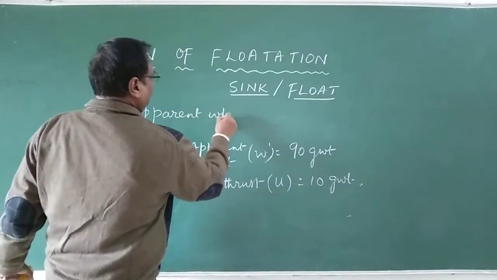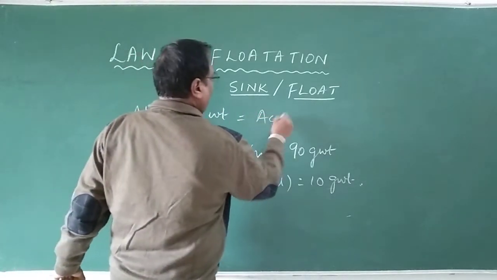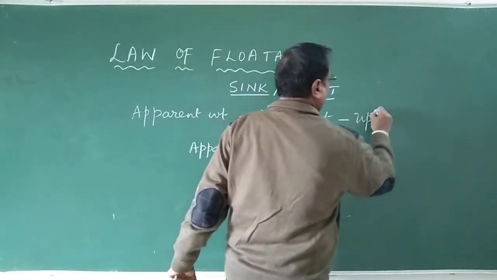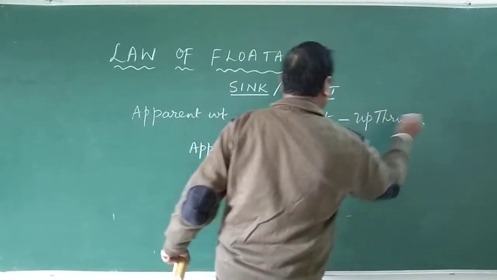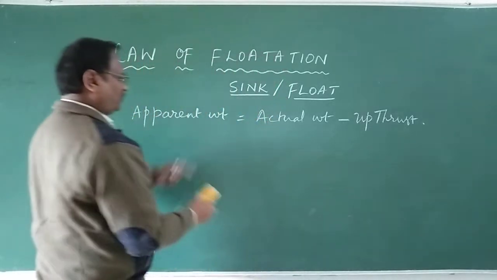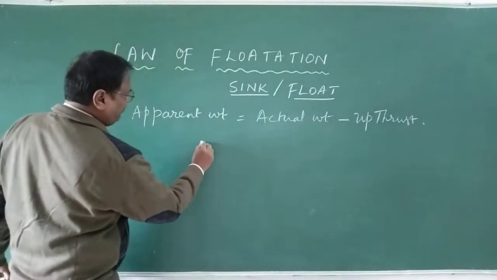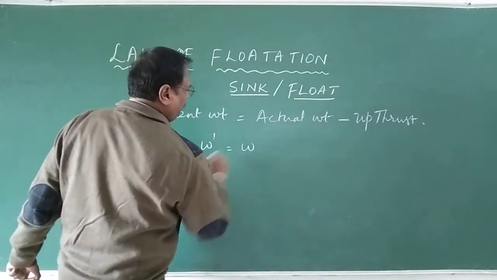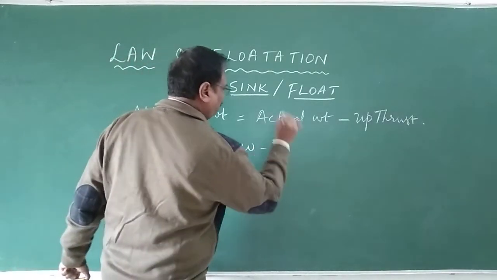Apparent weight is equal to actual weight minus upthrust. This is a formula which we are going to use now. Apparent weight is W dash, that is equal to actual weight W minus upthrust U.